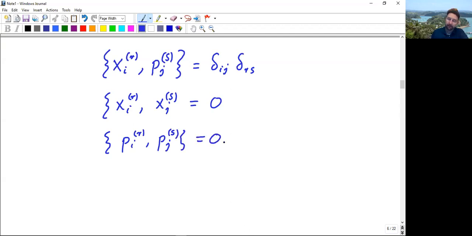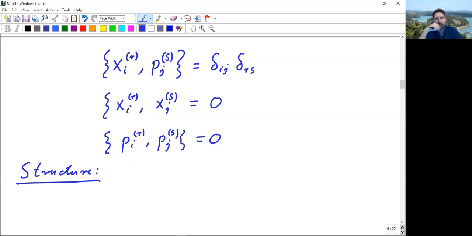Okay. So, what is the general structure of all of this? The general mathematical structure that we have just described here is the structure of a set of polynomials in all of the x's, all of the p's, of all of the particles that are involved here.